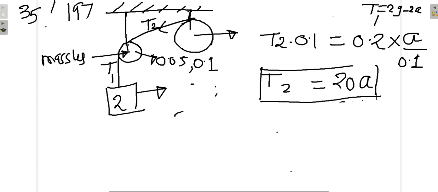Okay. Now I am going to consider only the smaller pulley, and we are going to find out the value of acceleration. So let us consider only the smaller pulley. I will remove the rest of the figure.